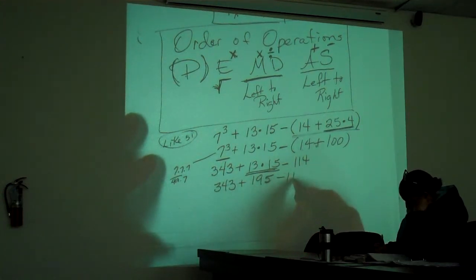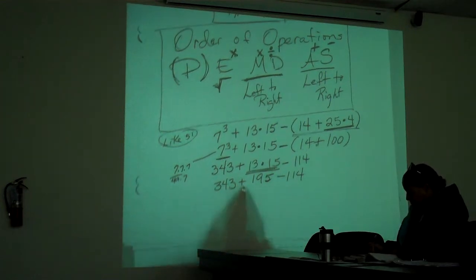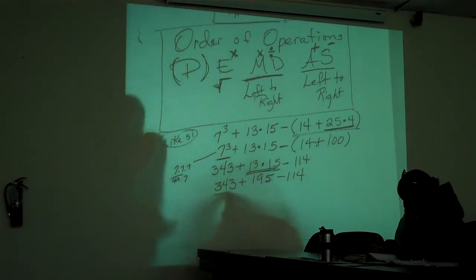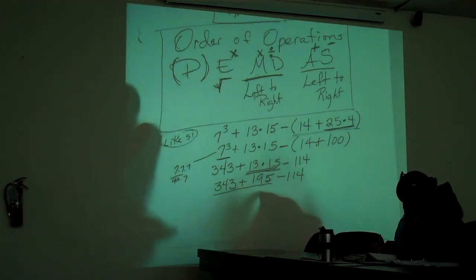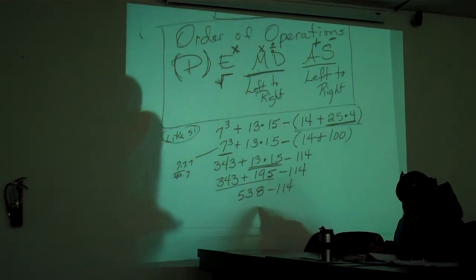Rewrite everything. And now left to right. The add is before the subtract, but even if this had been subtract, you would have done it first. Going left to right on add and subtract now: 343 plus 195 is 538, minus 114 is 424.